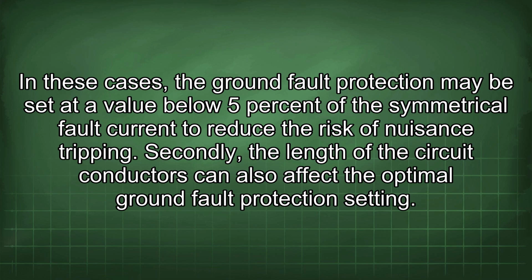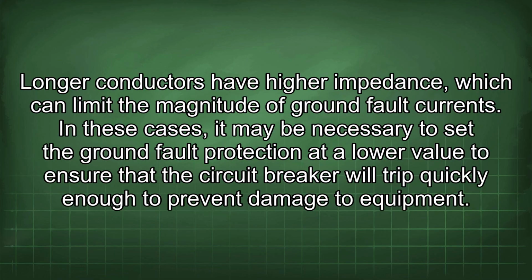Secondly, the length of the circuit conductors can also affect the optimal ground fault protection setting. Longer conductors have higher impedance, which can limit the magnitude of ground fault currents. In these cases, it may be necessary to set the ground fault protection at a low value to ensure that the circuit breaker will trip quickly enough to prevent damage to equipment.